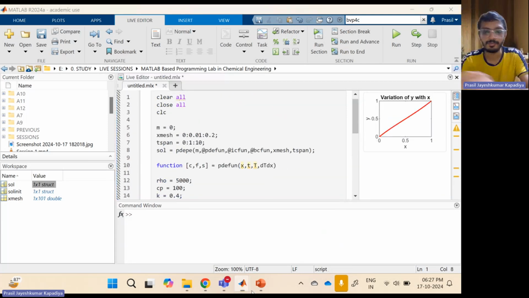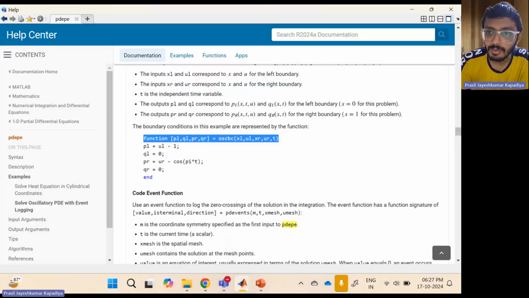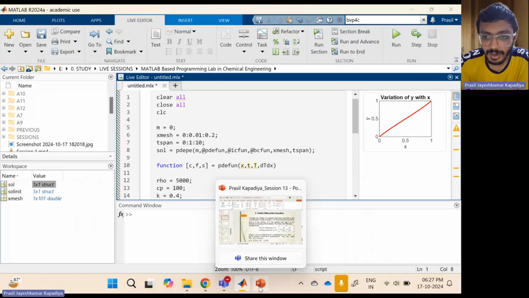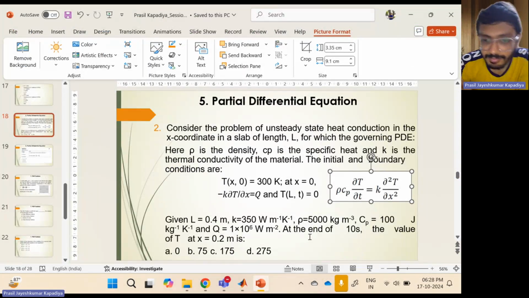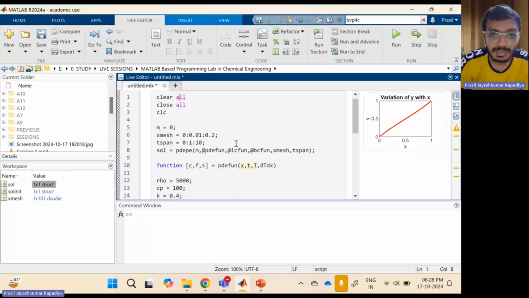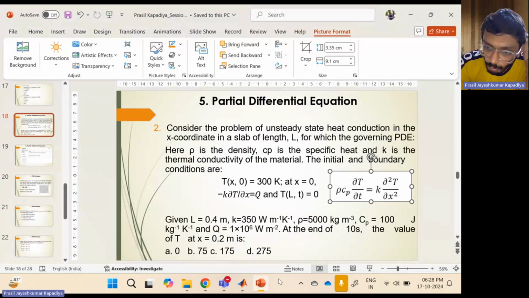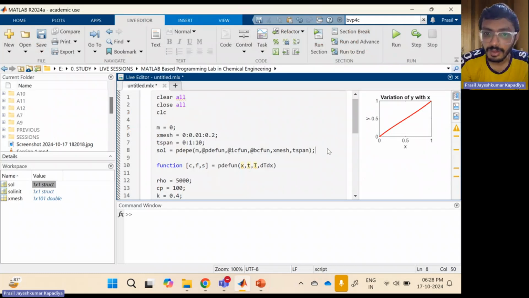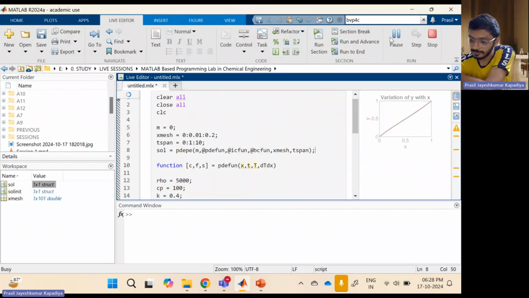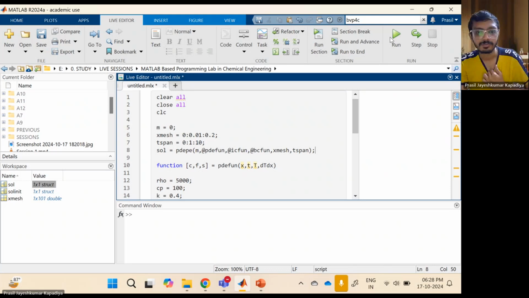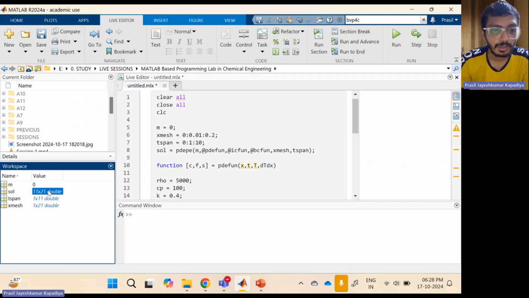So what are we asked? We are asked, okay, I will close this. t is equal to 10 seconds is given here. And what is the value at x equal to 0.2? So let's first run this. So I have the solution.